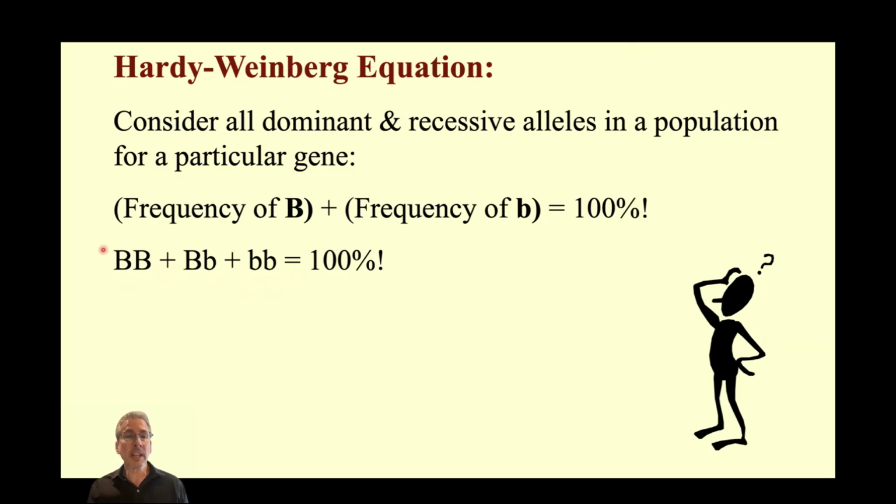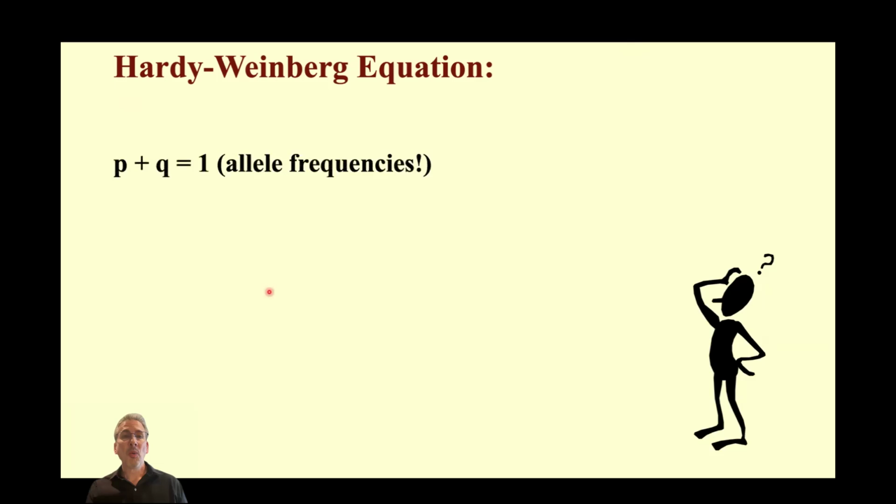So again, collectively, add all these genotypes up in your hypothetical population, and again, that equals 100%, because there are no other options except those three that are listed. Okay, so what Hardy and Weinberg did was say, well, let's formalize some relationships here.